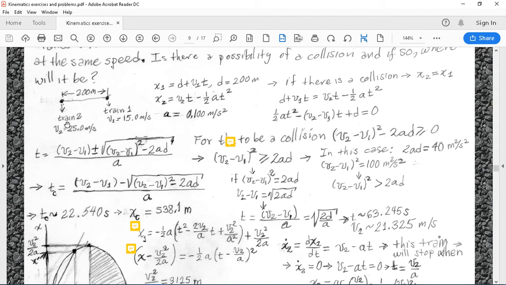That is slower than this value. This means that the speed of train 2 is faster, and so we have the case in which (v2 minus v1) squared would be greater than 2ad.